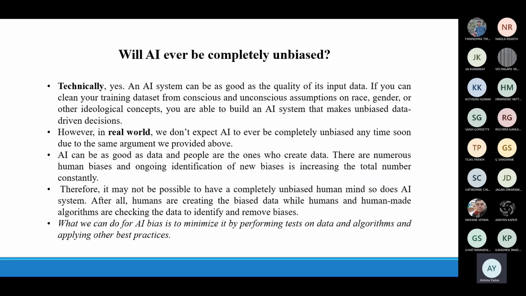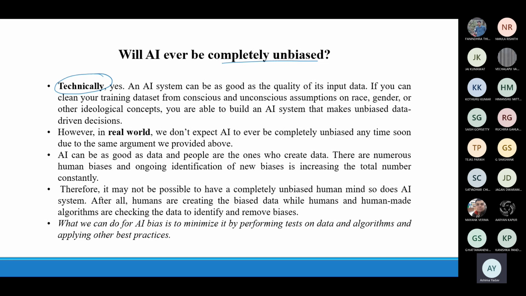So again, the question is: will AI be completely unbiased? Technically, we have seen lots of evaluation metrics, lots of fairness tools and transparency tools. We talked about different types of biases and so on.